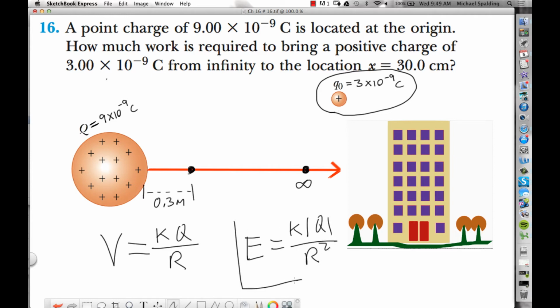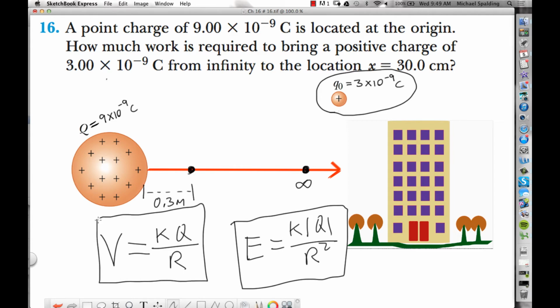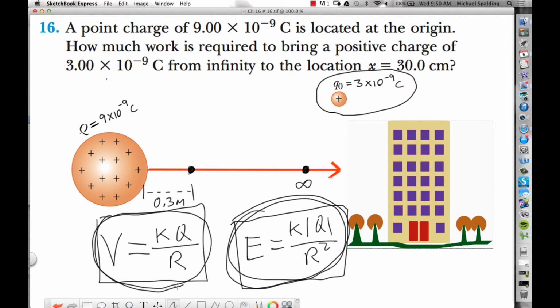This is the equation for electric field, and this is electric potential. Which of these two is a pain in the butt? The electric field. What makes electric fields a pain? They are vectors, right? Electric potential is scalar.